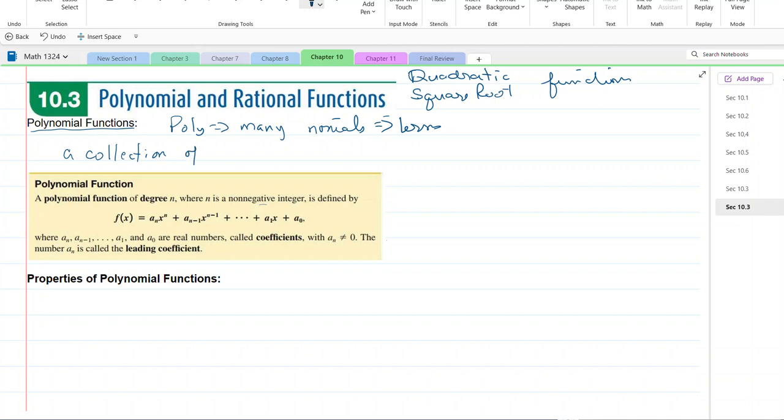of terms with variables and different degrees greater than 1.